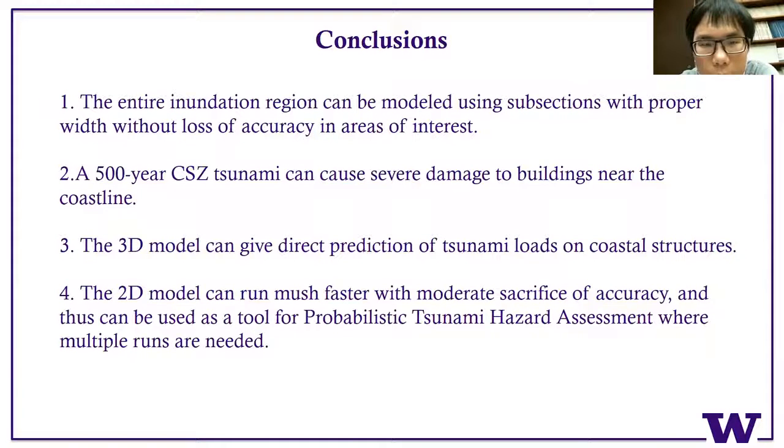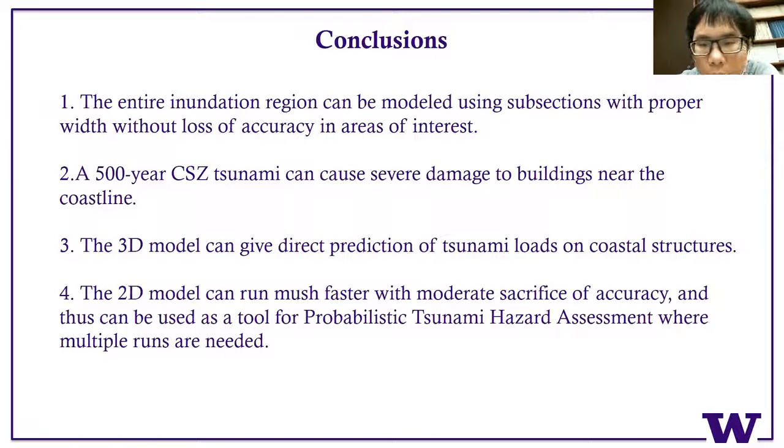And the second is that such a 500 year Cascadia tsunami can cause very severe damage to buildings, as you have already seen. Building number 1 and building number 2 can be destroyed, according to the force predictions.